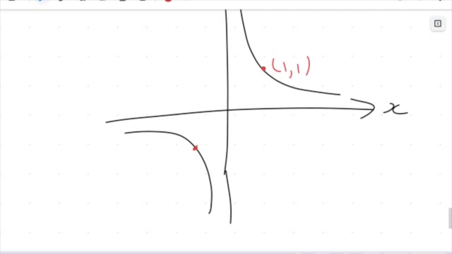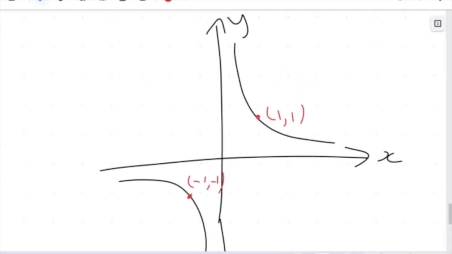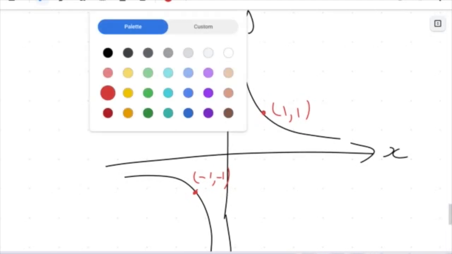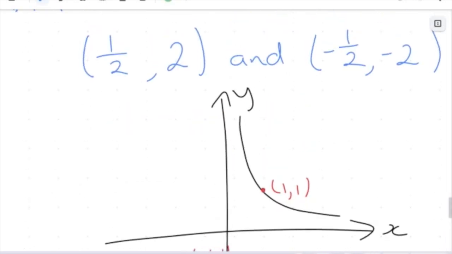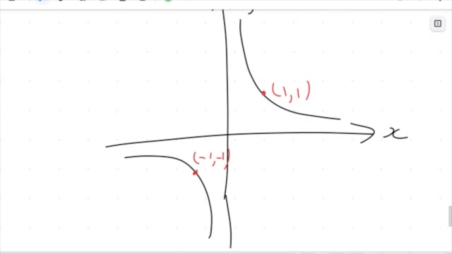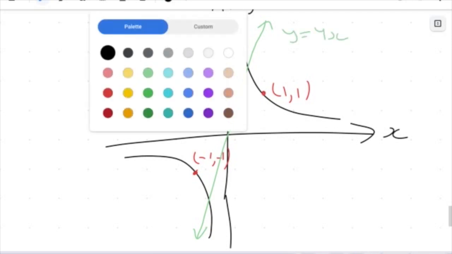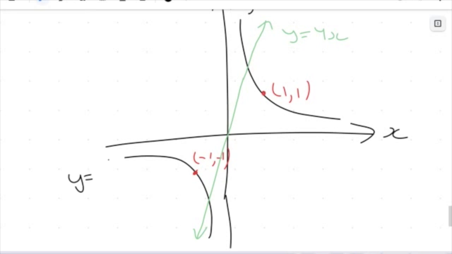So this is 1, 1, negative 1, negative 1. And my y equals 4x is a straight line with a gradient of 4. So it looks something like this. This is my y equals 4x. That's intersecting with my hyperbola y equals 1 over x.